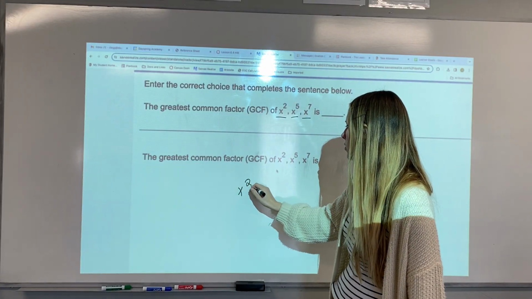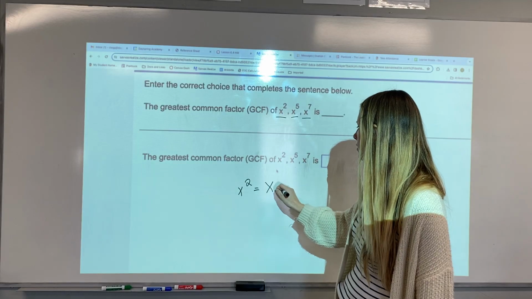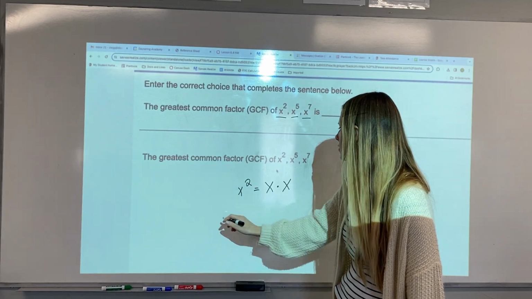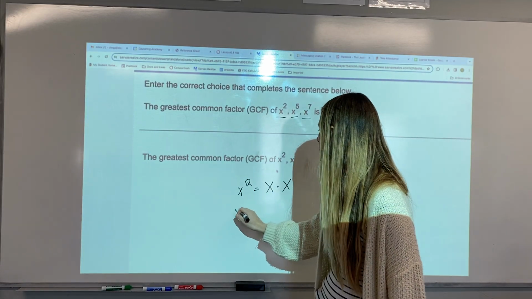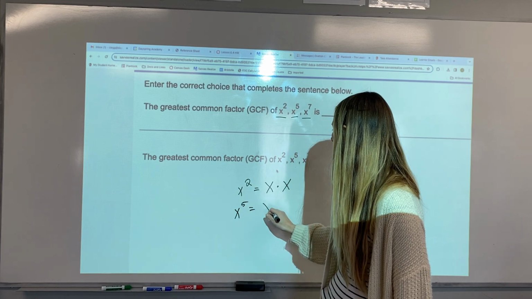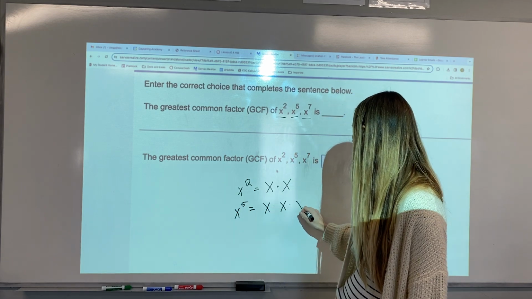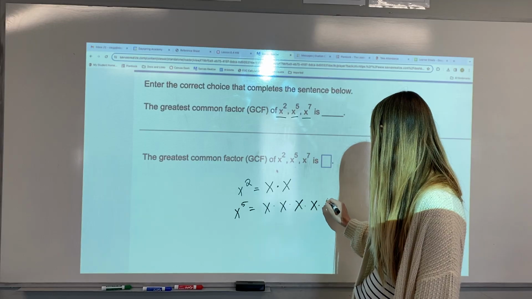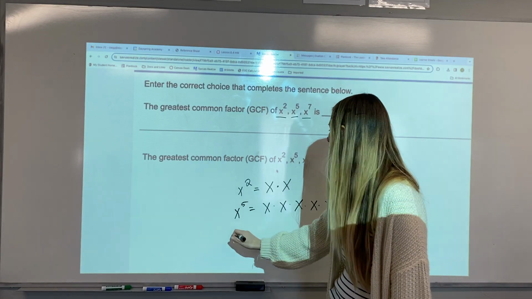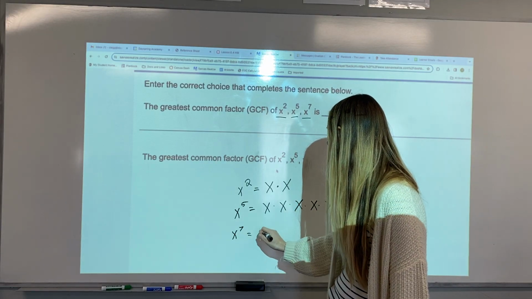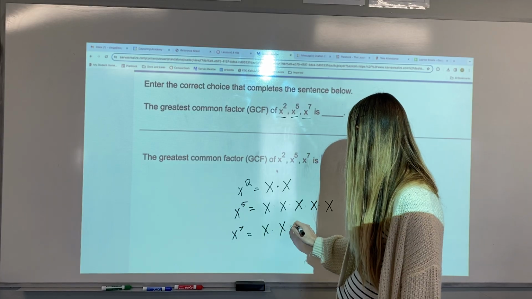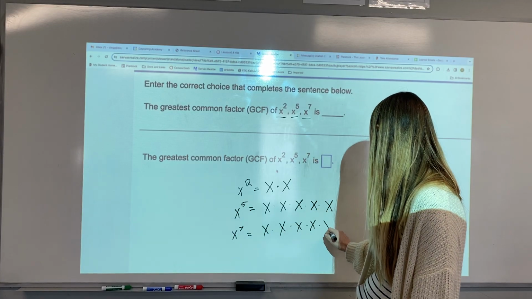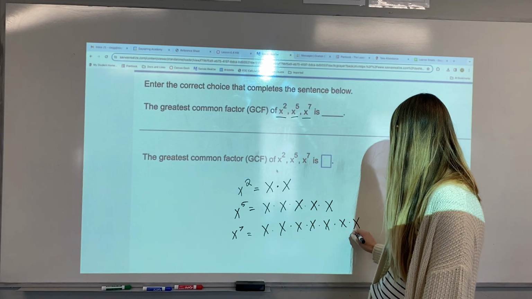X squared would be x times x. X to the fifth would be x times x times x times x times x. And x to the seventh would be x times x times x times x times x times x times x.